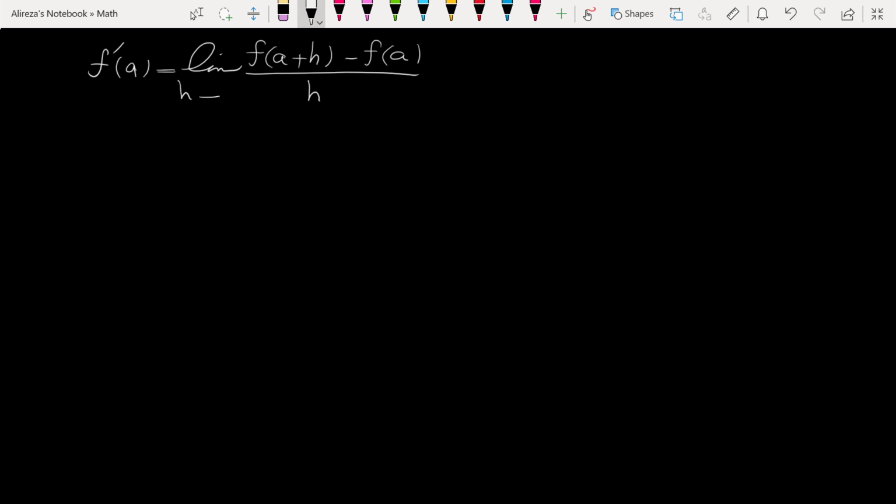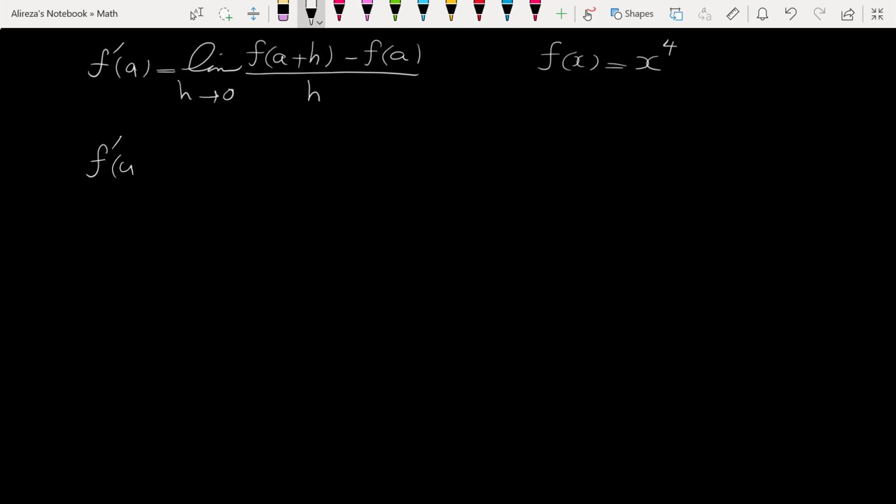First, let me rewrite the formula here. F prime of a equals the limit of f of a plus h minus f of a all over h as h approaches 0. And the function is x to the 4.